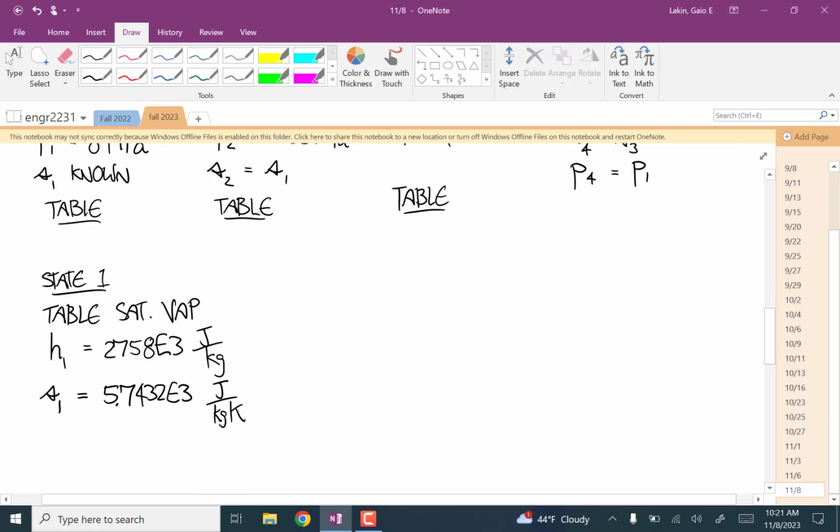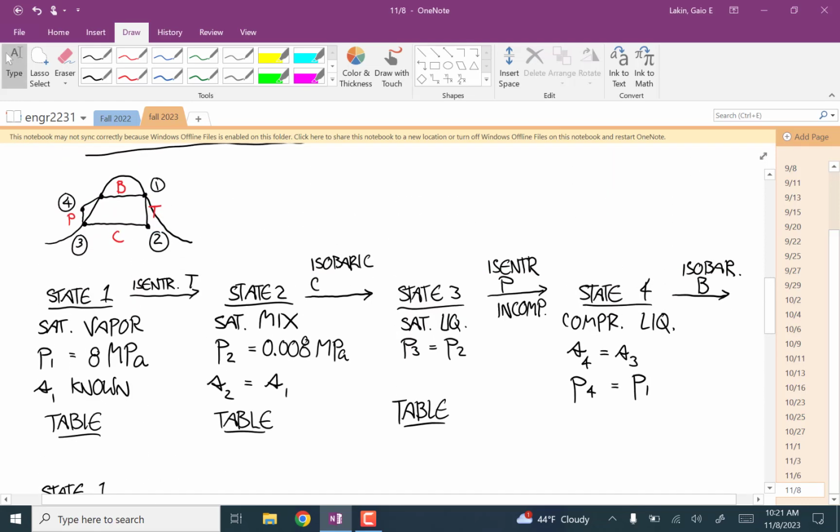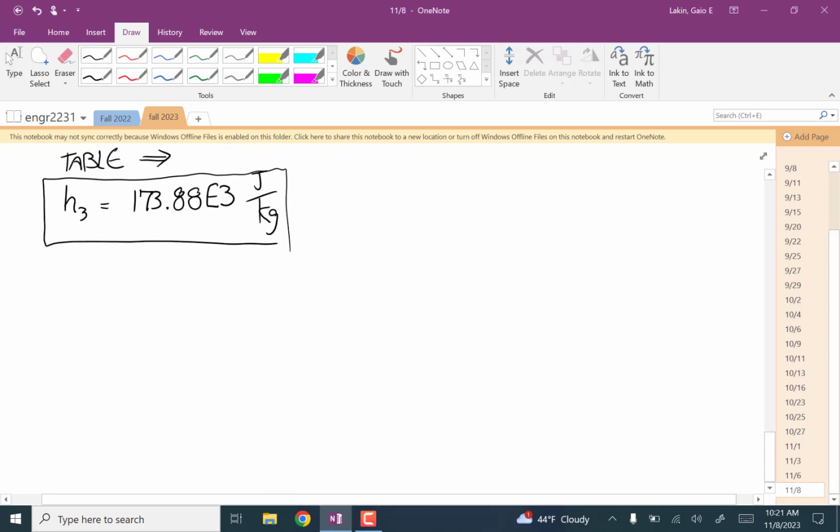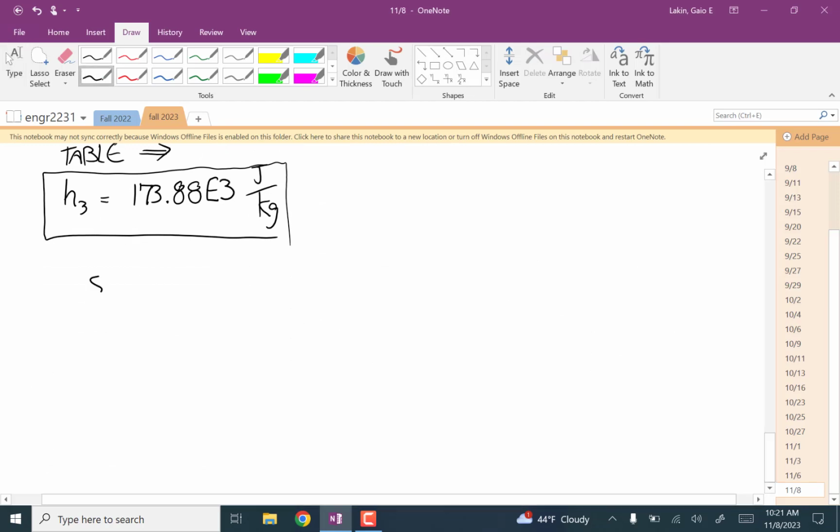So always keep your eye out for chances to use that. Okay, so state 4. This is a compressed liquid. We know the pressure, but that's not enough.